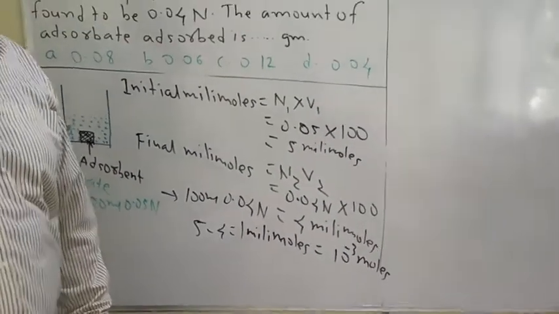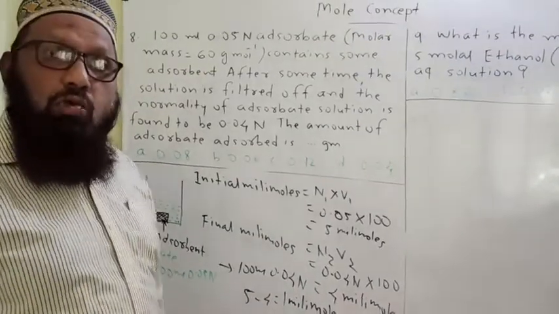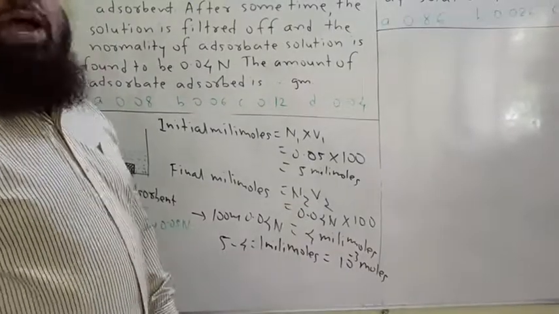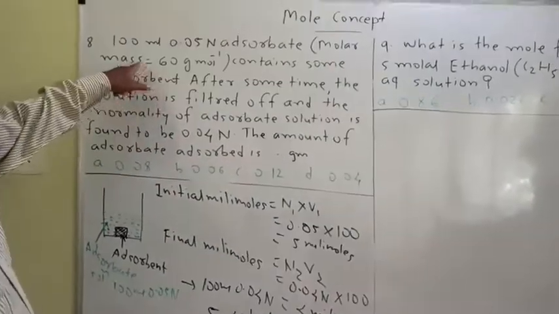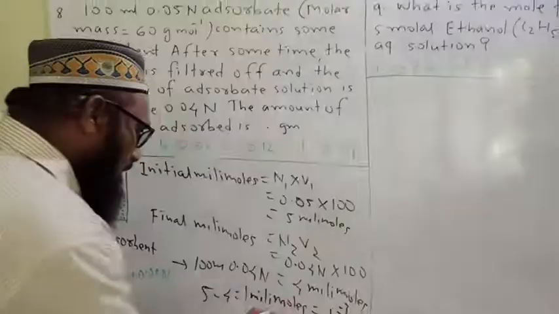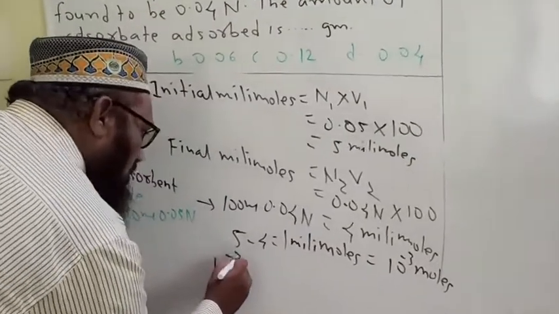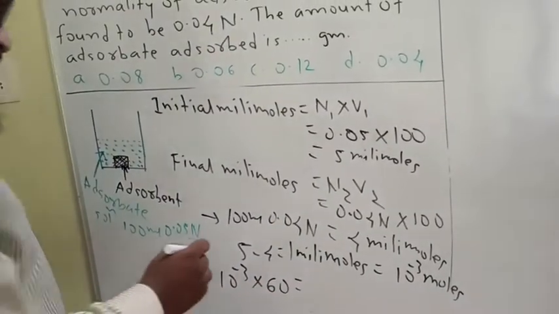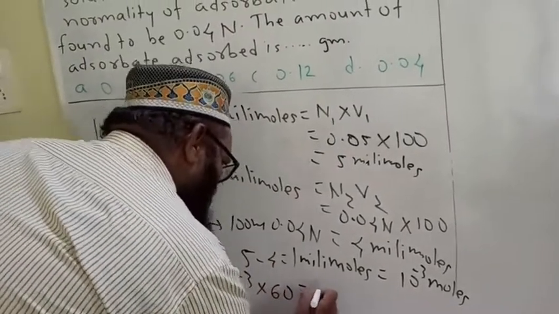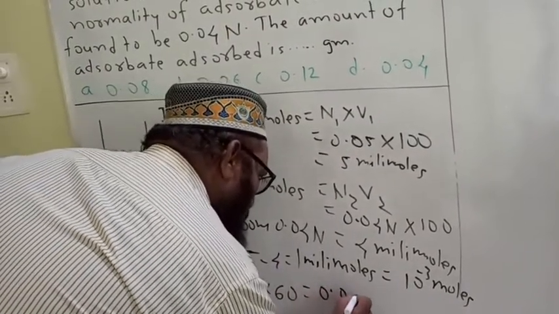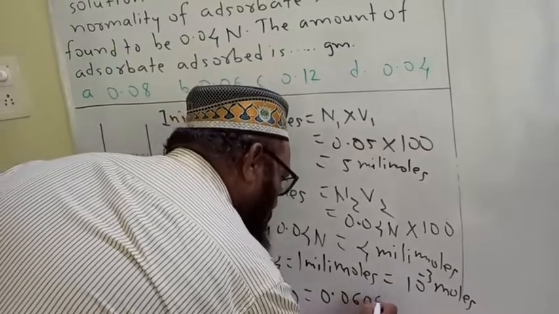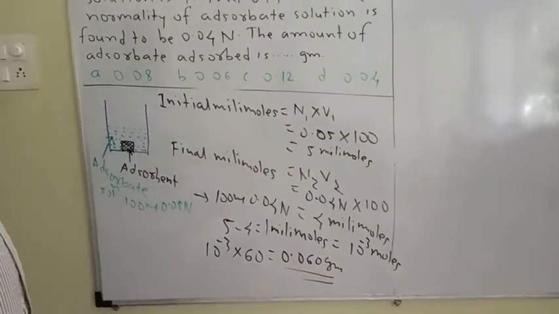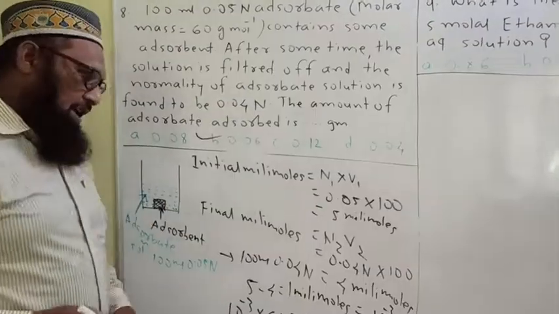Then we know how to convert mole into gram, by multiplying by the molar mass of adsorbate. Here the molar mass of adsorbate is 60. Therefore 10 raised to minus 3 into 60 is equal to 0.060 gram. This is the final answer. Here option B is the correct one.